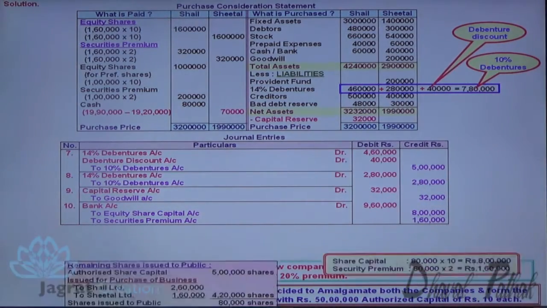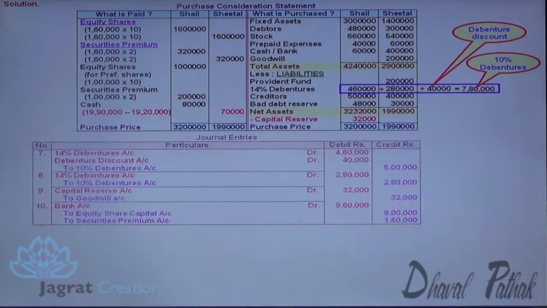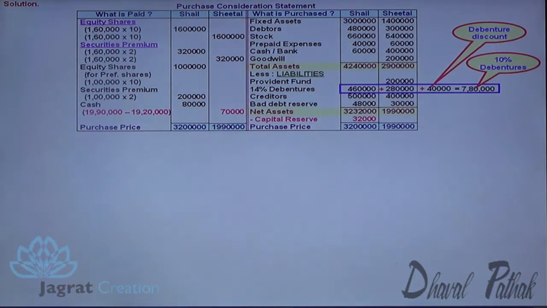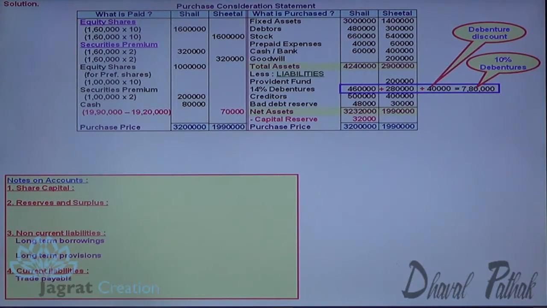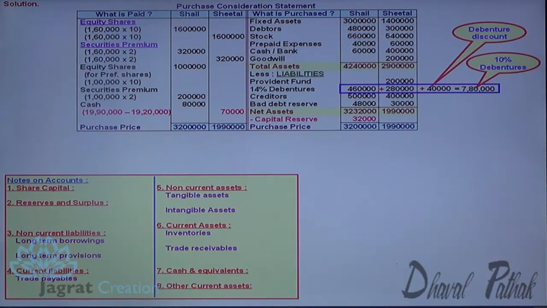Now after recording all these entries, let us prepare the balance sheet. For that, first I prepare the notes on accounts. These are the titles under which the information is to be collected. This is as per Schedule 3.